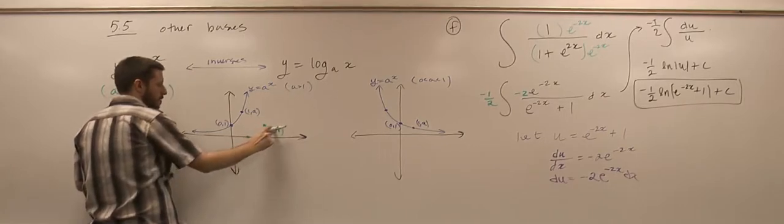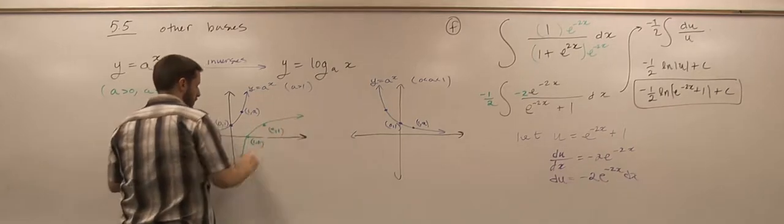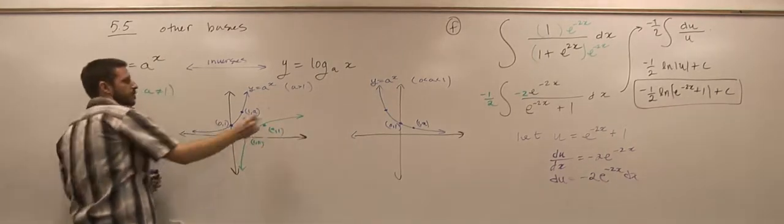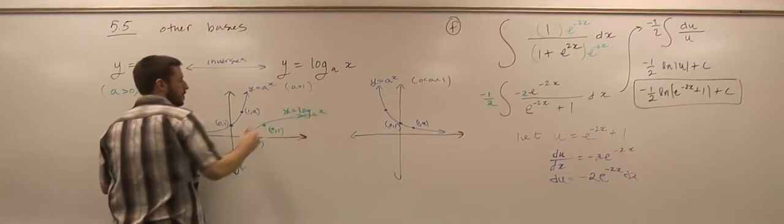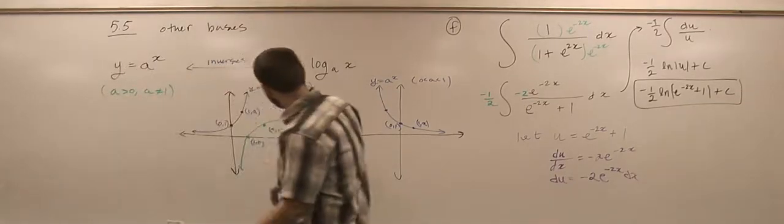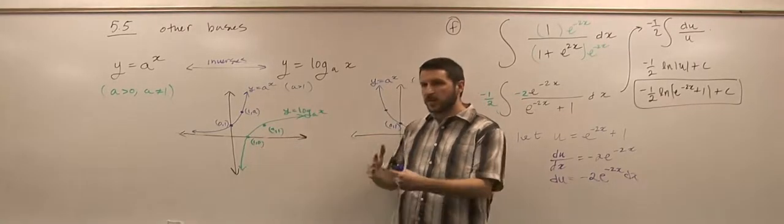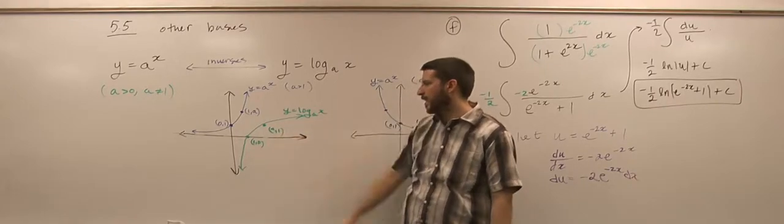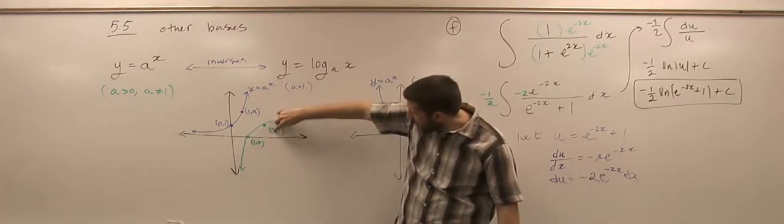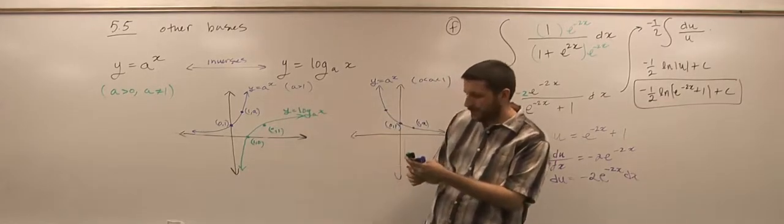And it's going to look something like this. So same as ln, basically. The only real difference is a stretch or shrink. Okay, but it's still increasing, still concave down. But instead of going through e comma 1, you go through the base, whatever the a is, comma 1.